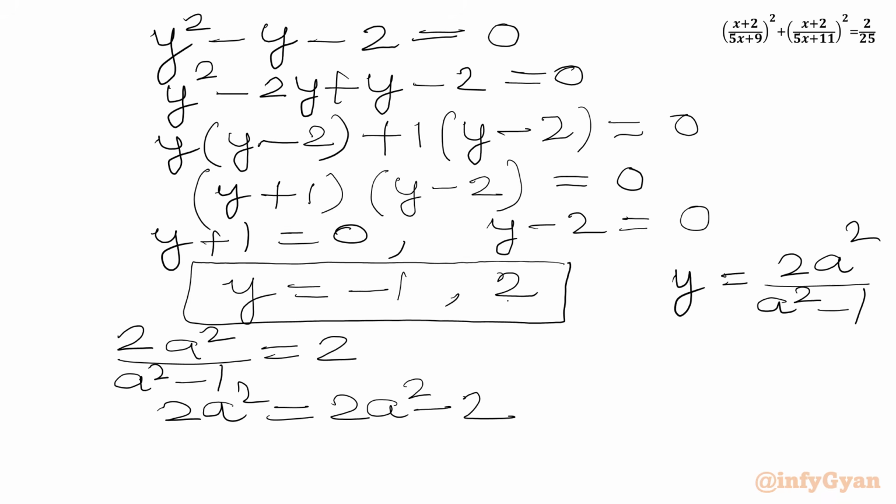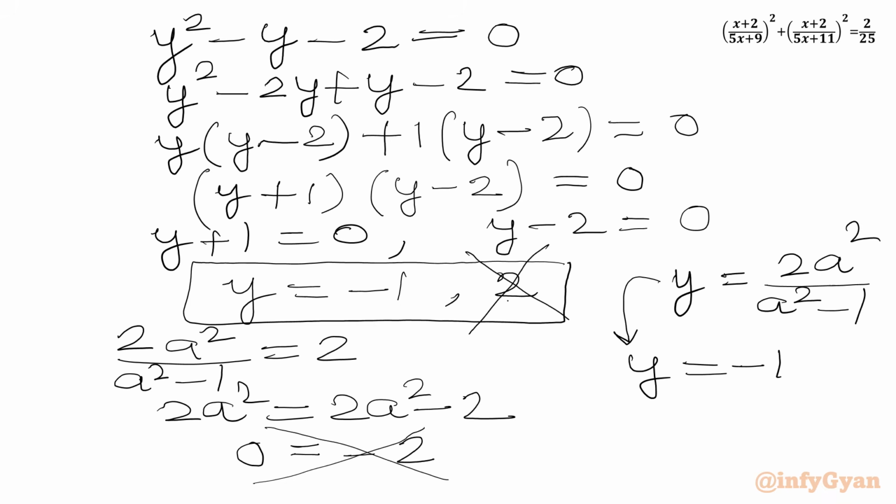Now we will subtract 2a squared from both sides. We will get 0 equal to minus 2, which is not possible in real mathematics. So y cannot be equal to 2. Rejected.